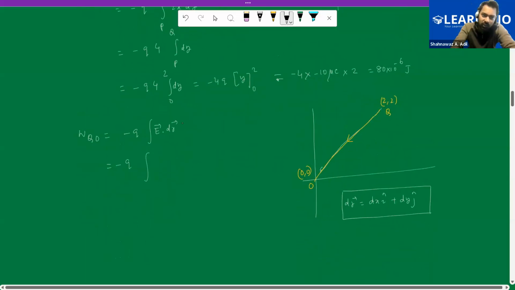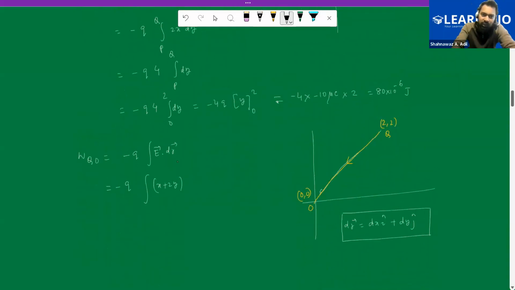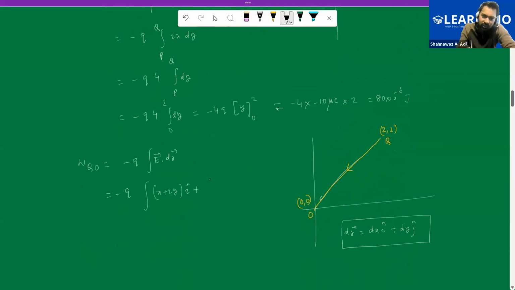It is x plus 2y i hat plus 2x j hat. And then we have dx i plus dy j. So both the integrals are there.